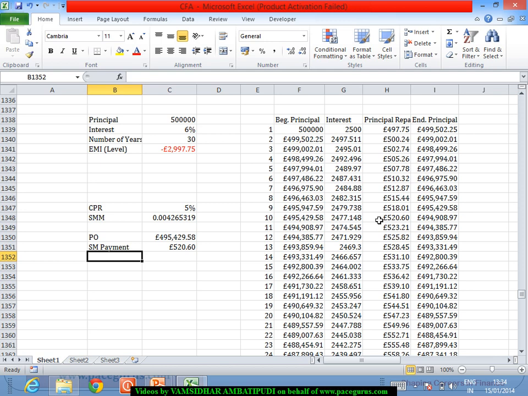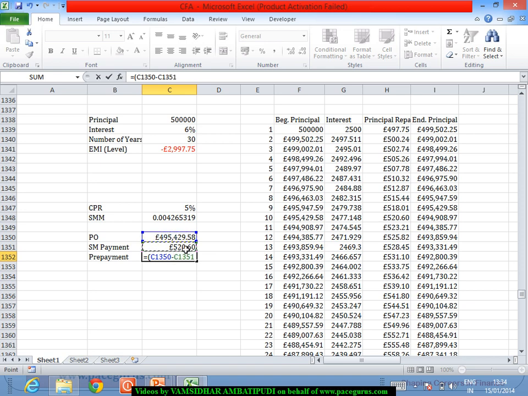This is not prepayment, this is the schedule: out of whatever is outstanding, as per my schedule, I have to pay this much. In this model, the prepayment amount is the total outstanding minus the scheduled payment for this period, multiplied by the single monthly mortality.